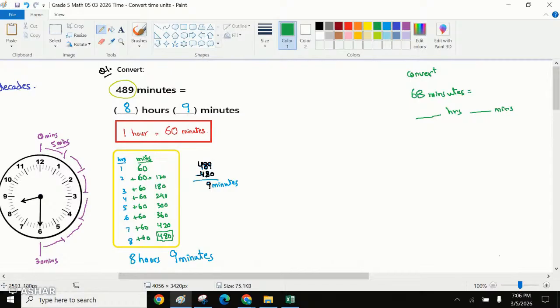So we can say that this is hours and this is minutes, right? 1 hour has 60 minutes, right? That means 68 can be broken down into 60 plus 8. This is 1 hour. Agreed? So we can say it is 1 hour and the remaining minutes. I took a small number for an example, okay?